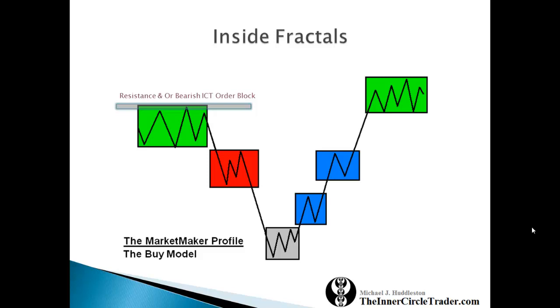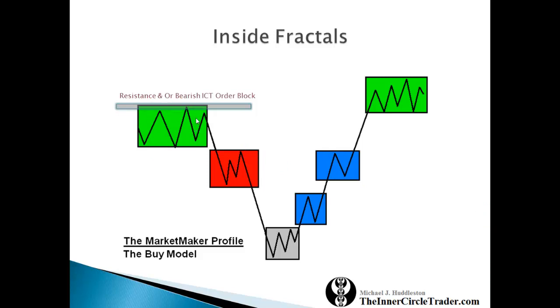It could be just a higher level, a higher time frame bearish ICT order block. So I'll leave that to you, because again, this fractal takes shape by way of first finding an area where we would anticipate an inability to go higher, and we see that with this consolidation.